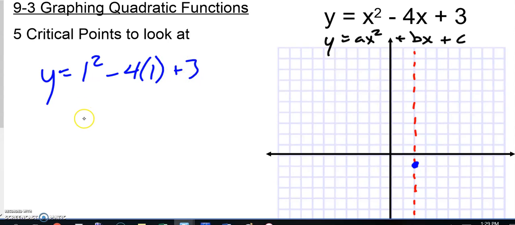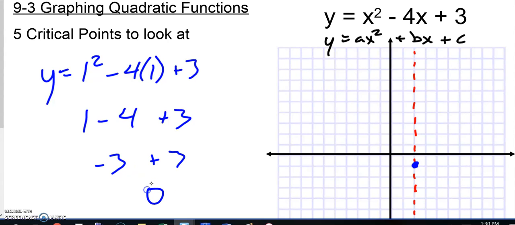So really we have 1 minus 4 plus 3. 1 minus 4 is negative 3, and negative 3 plus 3 is 0. So (1, 0) is our next point. And the cool thing about the axis of symmetry is when there's 1 point on one side, there will be 1 point on the other side exactly the same units away from that line. So that was 1 unit to the left of the axis of symmetry. My next point is 1 unit right of the axis of symmetry.